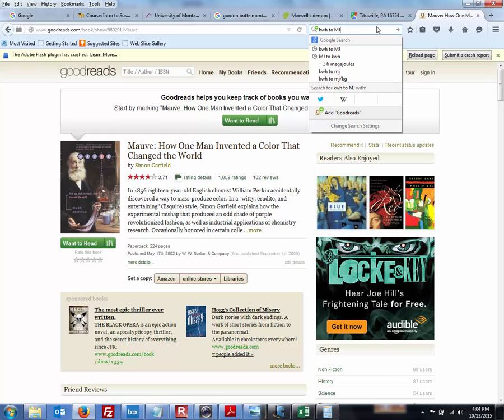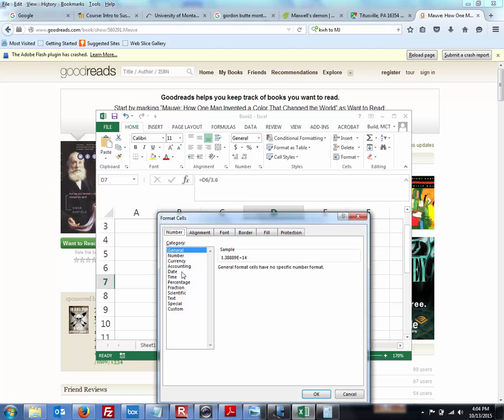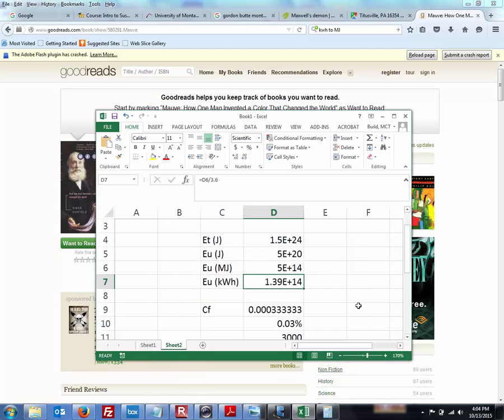Or you can do 1 megajoule equals 0.278 kilowatt hours. Yeah, so this number's smaller. I think I got that right. Yeah, Levi's nodding his head. Thanks. Okay, Control 1, we'll put that in scientific. Perfect. Okay, so that's kilowatt hours.